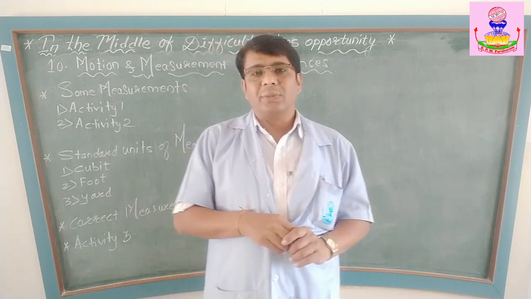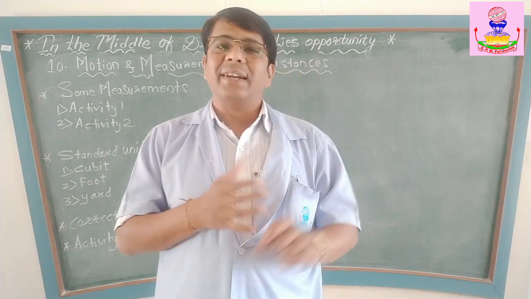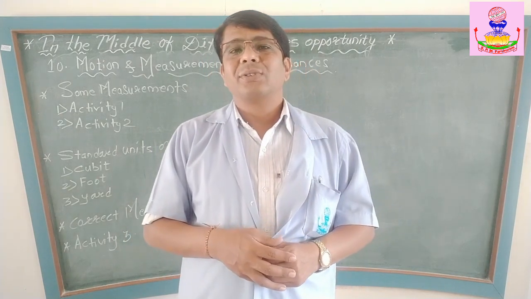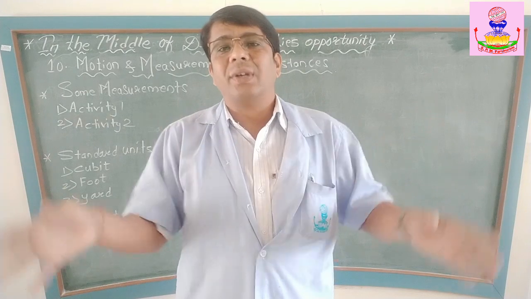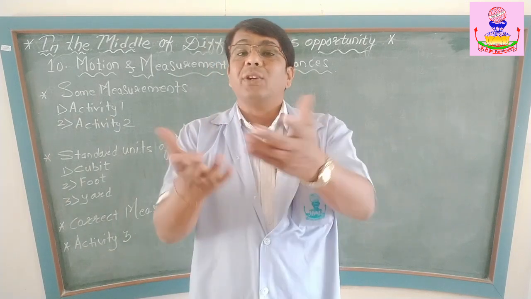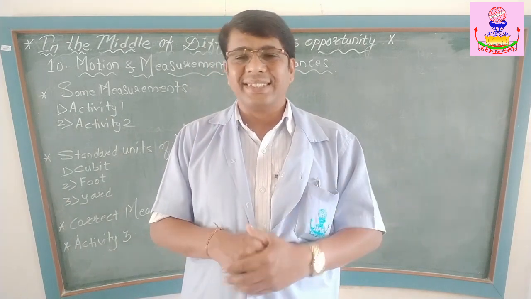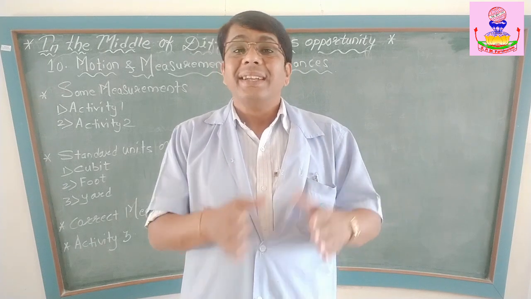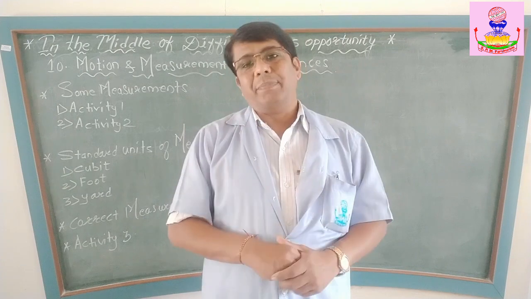So here what you are supposed to do is measure the length and breadth of the classroom, each one of you. At least 10 or 15 students I would have taken. But now at home, you ask your brother or sister or your mother, and take her help and see what happens.